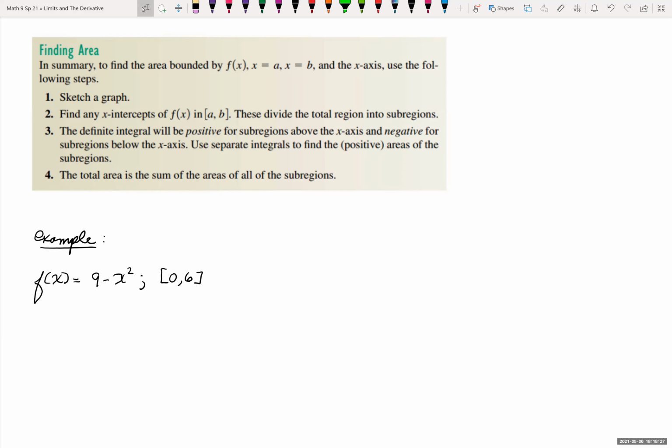It's also written in a way that I can use transformations of graphs. I could rewrite this as f of x is equal to negative x squared plus 9. So I know this minus sign makes it so that my parabola is reflected across the x-axis.